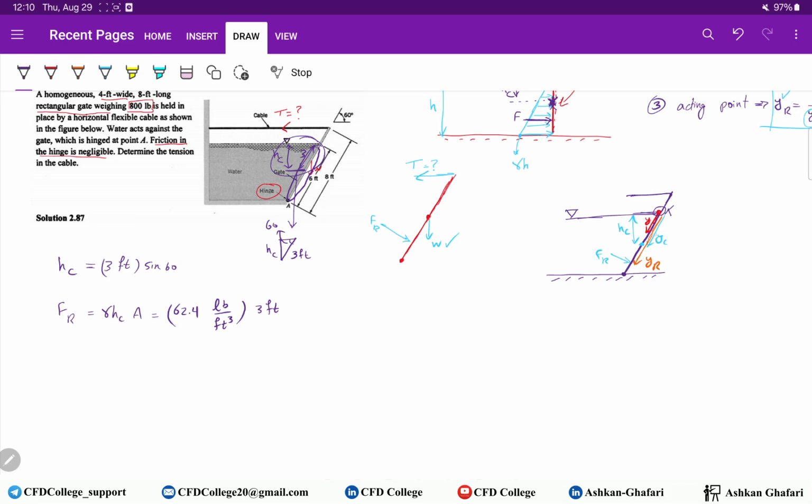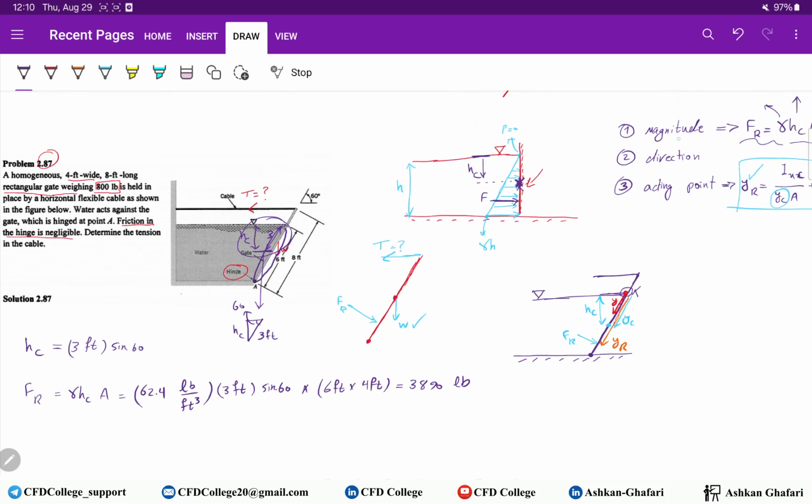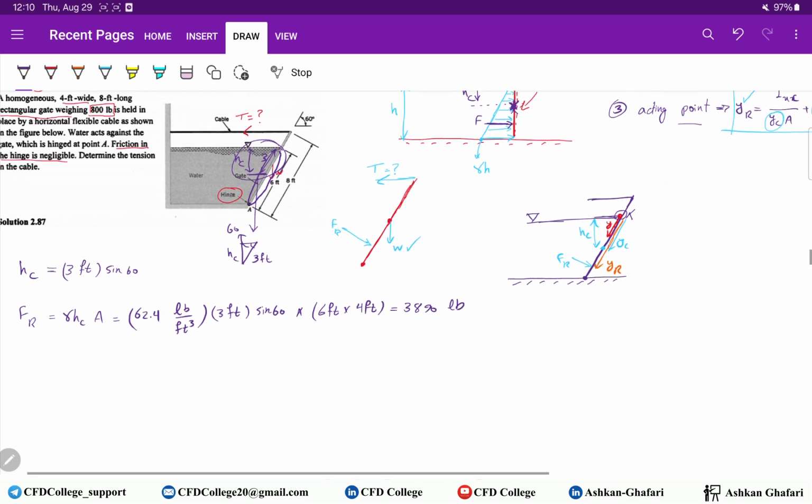The part of the gate which is in contact with the water is the only part that matters. 3 feet times sine of 60 is HC, and the area of the gate is 6 feet times 4 feet wide. So FR is 3,890 pounds. Now we know the direction and the magnitude, we should find the acting point.